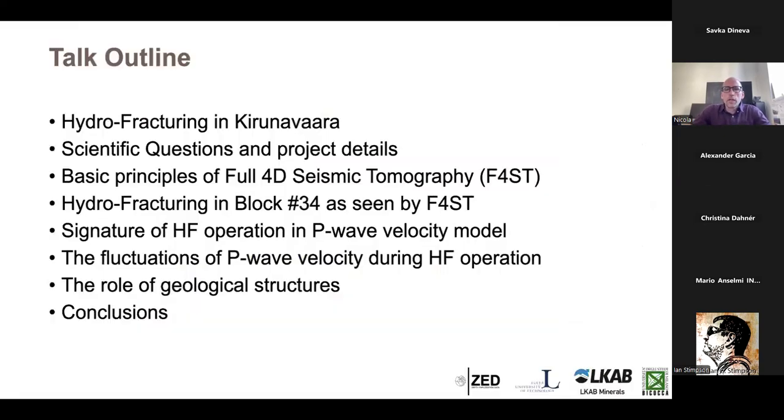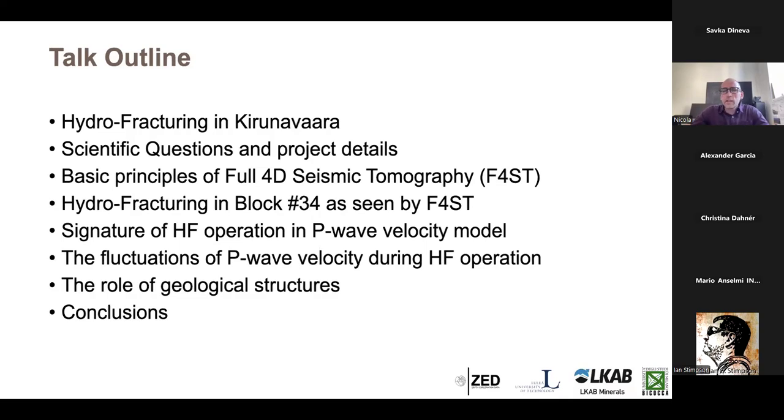So the talk outline: we will talk a bit about the hydrofracturing operations in Kiruna and the scientific questions of our project. I will briefly illustrate the principle of full 4D seismic tomography, and then we will see how it can give us insight into hydrofracturing in Block 34 of Kiruna mine.